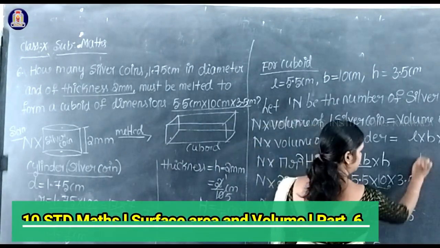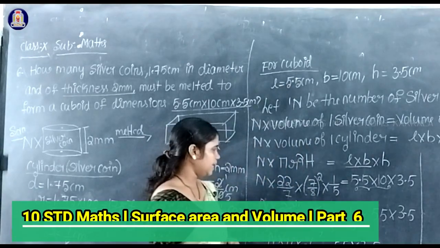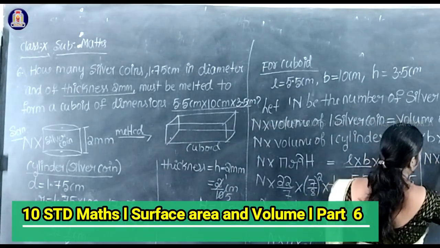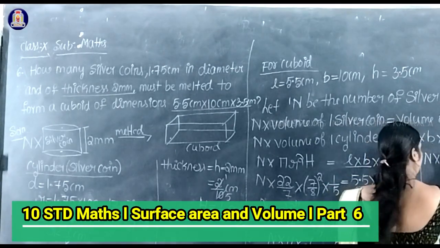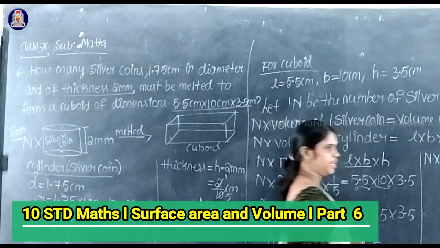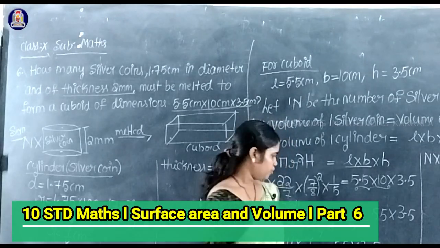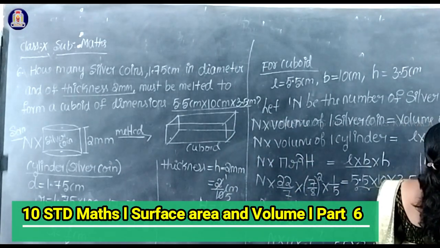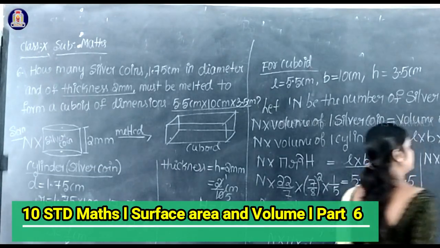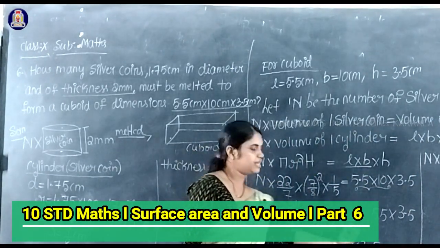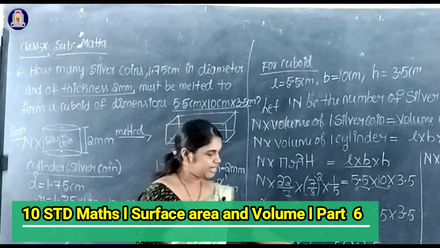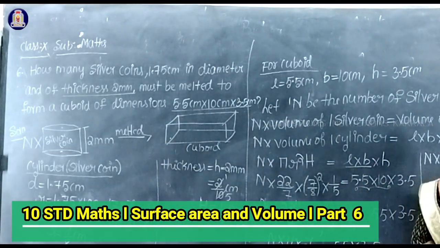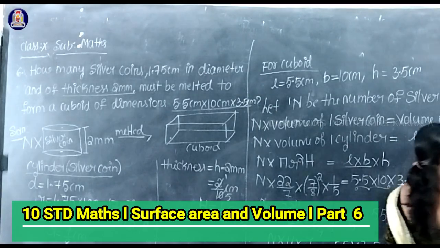Okay. So now we'll simplify. First I'll write the numerator. What about the numerator? n into 11 into 7 equal to what about this? 55 into 3.5 into, while this term comes here, 4 into 8 into 5.